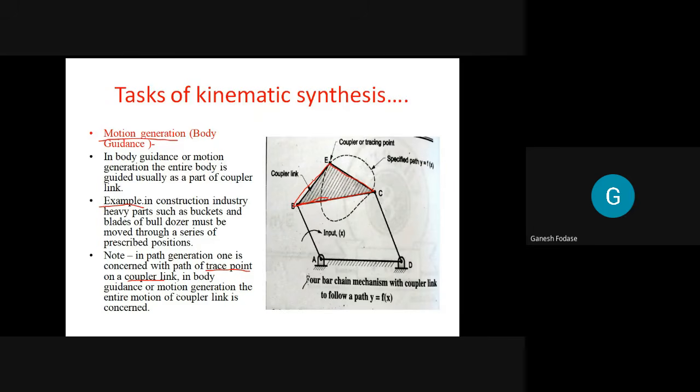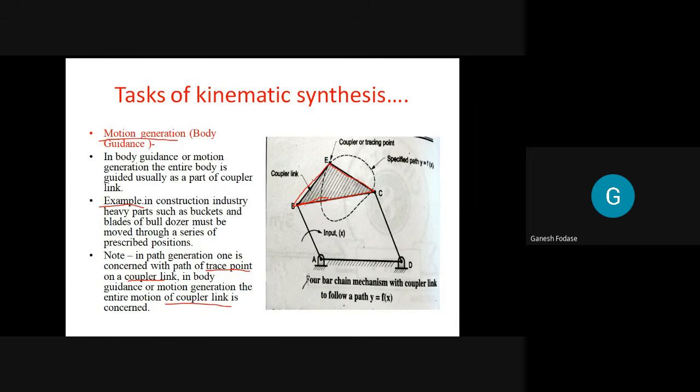But in case of body guidance or motion generation, the entire motion of the coupler link is concerned. Whenever we are interested in coupler link motion, that is a motion generation problem. But whenever we are interested in the path traced by a point on a coupler link, it comes under a path generation problem. I think it is clear what function, path, and motion generation are.